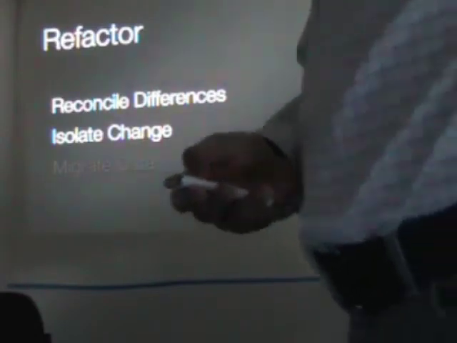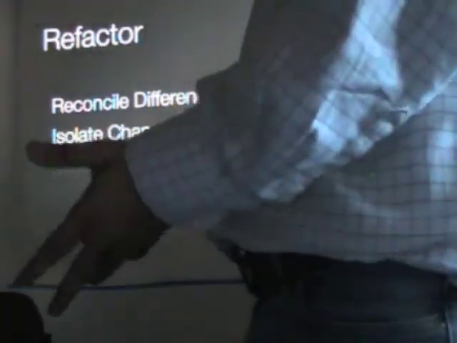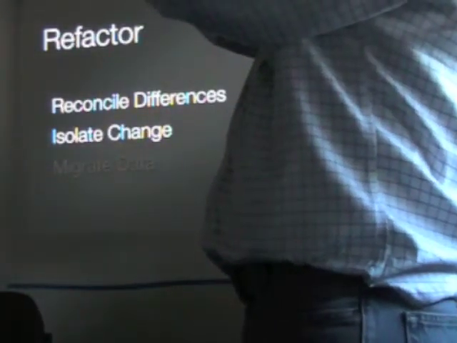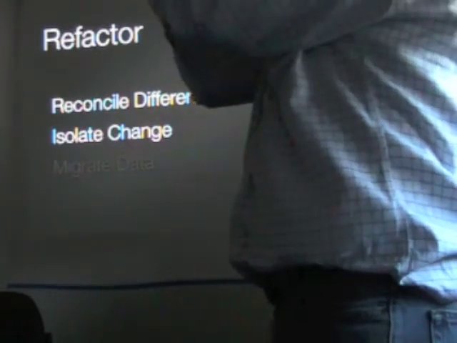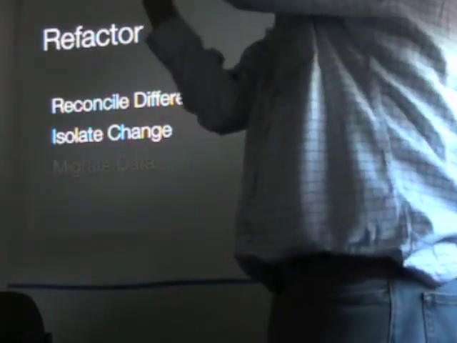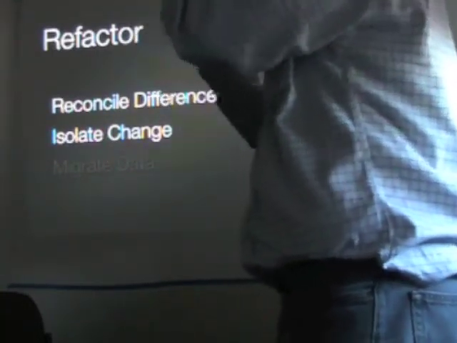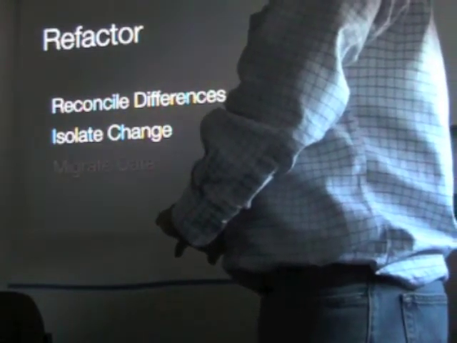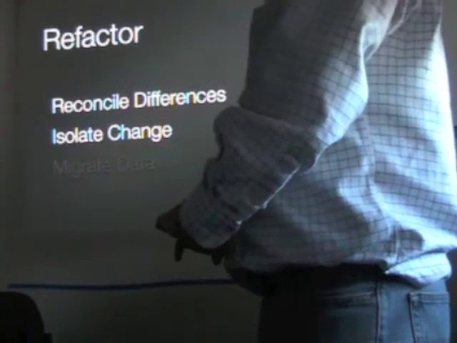So sometimes you want to isolate the change. You have 10, 15 lines of code, and the first 4 lines are what you want to refactor. You want to isolate the change by saying, okay, this is focused on doing one thing. I'm going to take the entire thing and hide it behind a well-defined private method. The implementation is going to be nasty.